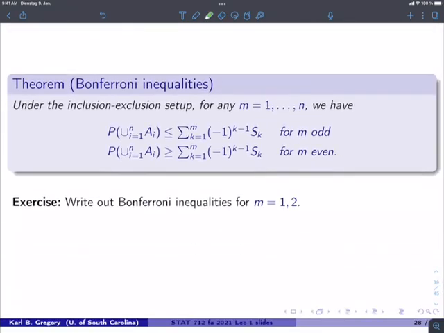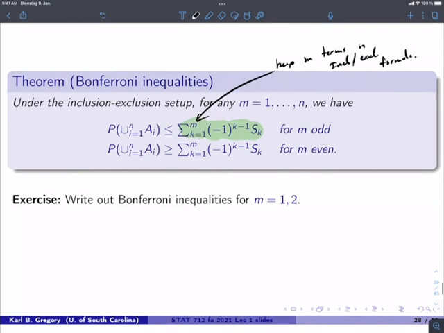So here it's like I keep m of those terms. It's just like keeping m terms in the inclusion-exclusion formula, and then you get inequalities instead of an equality.